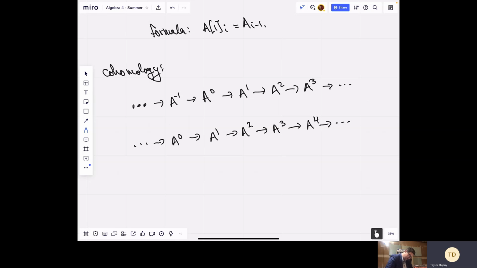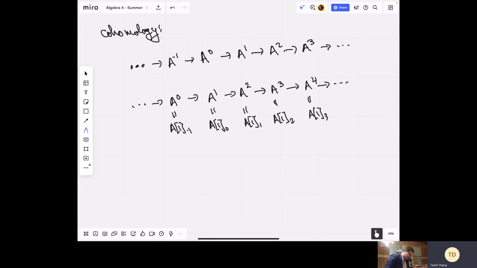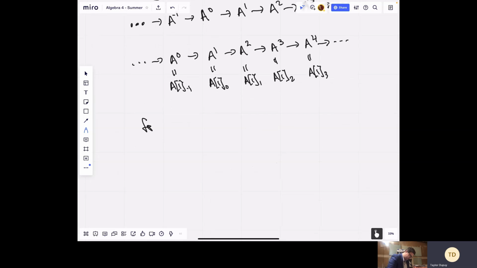Let's make sure that we have the correct degrees. So this is degree 0, this is degree 1, this is degree 2, this is degree 3, this is degree -1. The formula here for shifting is that A[1]^i is A^{i+1}, sorry, these should be uppers.